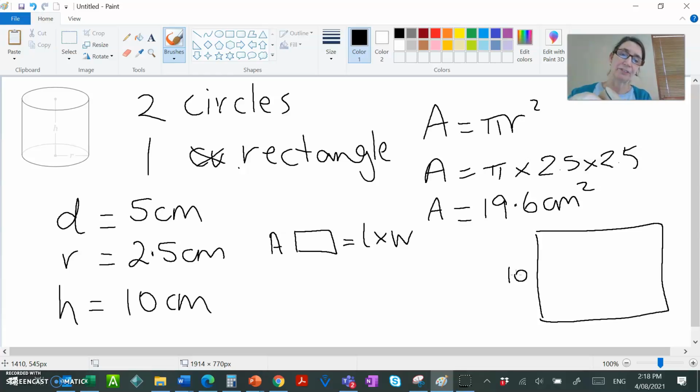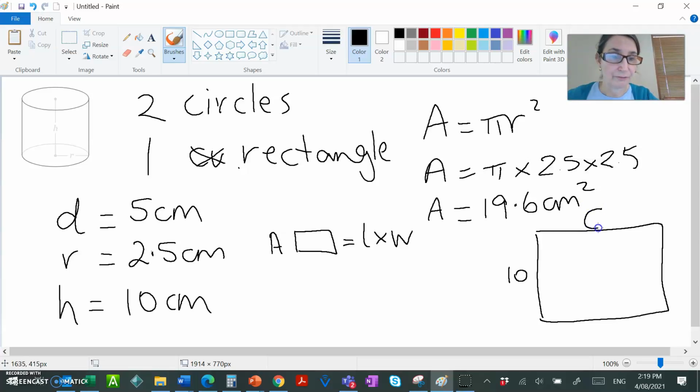So what we're going to have to remember is that the distance around the edge of the circle here, when we open it out, that distance is the same as the distance from here to here. So I'll do that again. The distance from here to here, we wrap it around. That's the distance around the circle. Okay, so what do we call the distance around a circle?